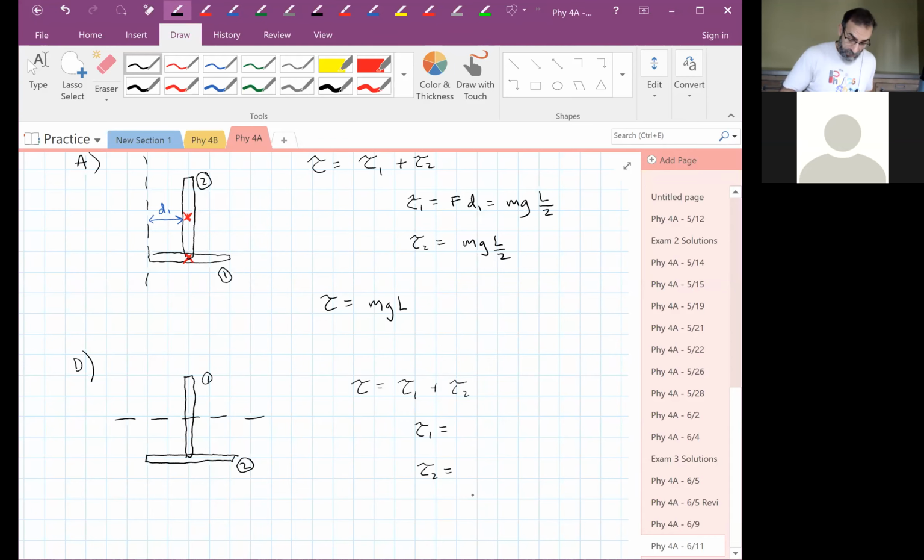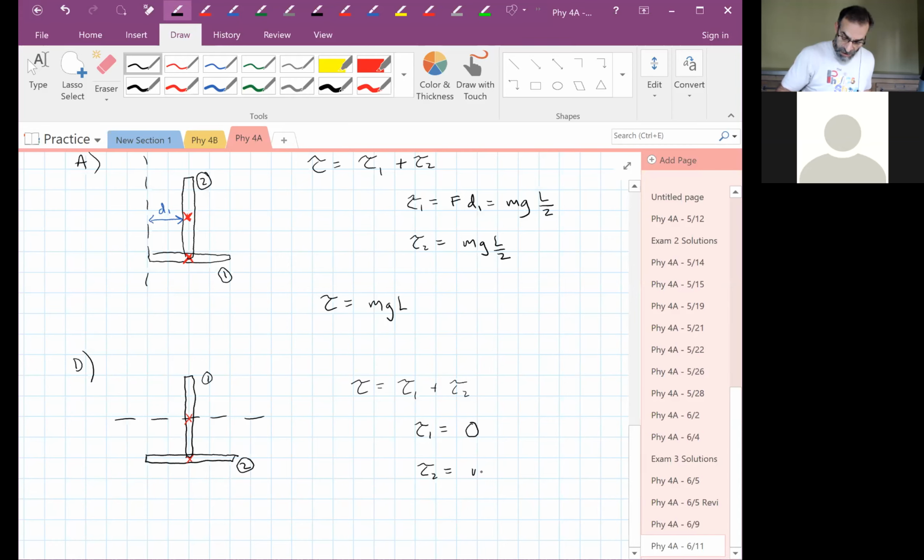Okay. The first one experiences no torque because the force of gravity is pulling down right at the axis of rotation. Here's the rod. The axis of rotation is in the center. Force of gravity is pulling down right at the axis of rotation. It can't get it to rotate at all. Produces no torque. The second one we've already sort of done above there.